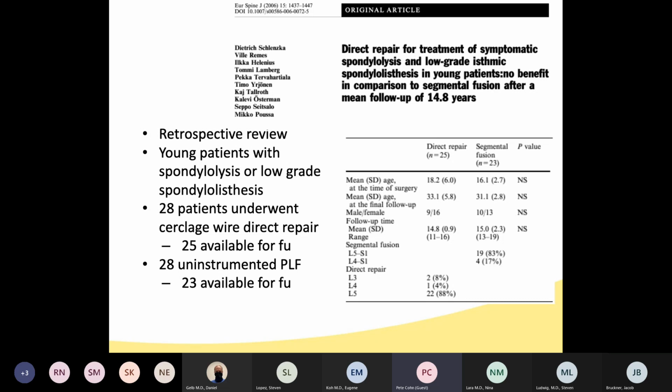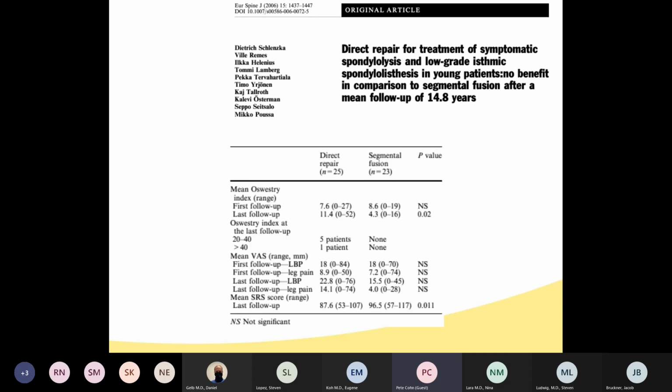And then they looked at the outcomes for these patients. This is just a breakdown of those two groups, and they were similar in terms of group makeup. In terms of outcomes, there really was not a significant difference other than the ODI scores, where the fusion group in the long-term follow-up actually did have significant improvements compared to the fixation group.